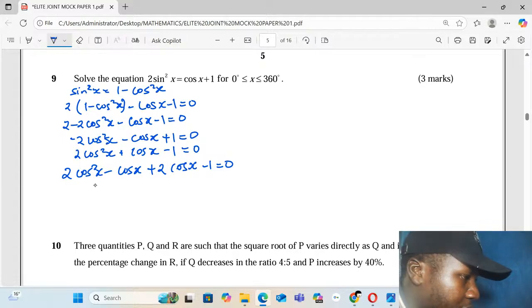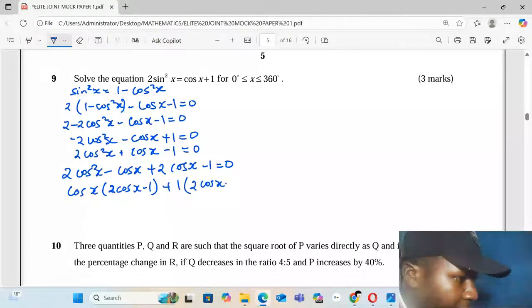Then we factor out, now we have a common factor cos x, so that we have cos x, 2 cos x minus 1, minus 1 is equal to 0.